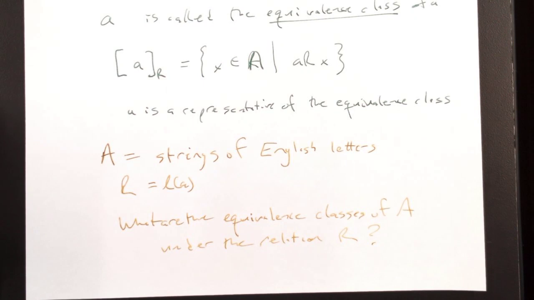What are the equivalence classes of the set of strings of English letters under this relation? Two strings are equivalent if they're the same length. If I ask you to describe an equivalence class, how would you do it?